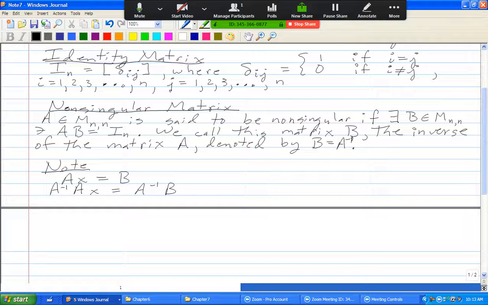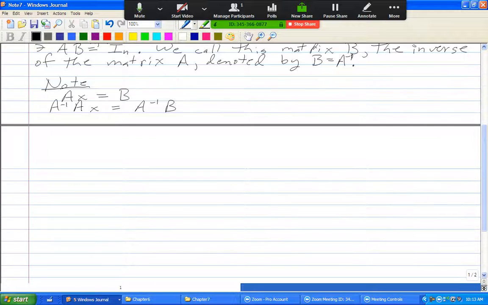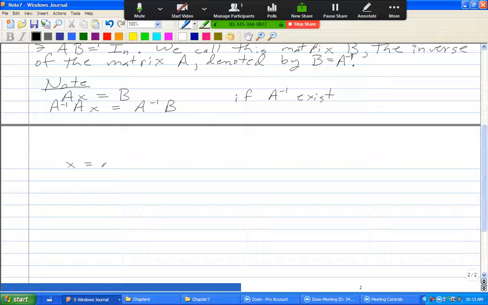Please note that this is not necessarily commutative, and so because of that, I have to be careful about the order of multiplication. So A inverse times A, if it exists, is equal to the identity, but the identity times anything is just itself.